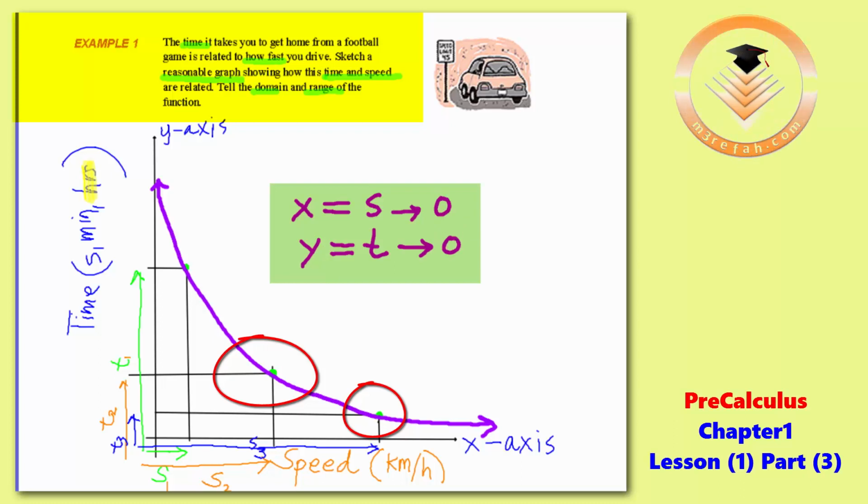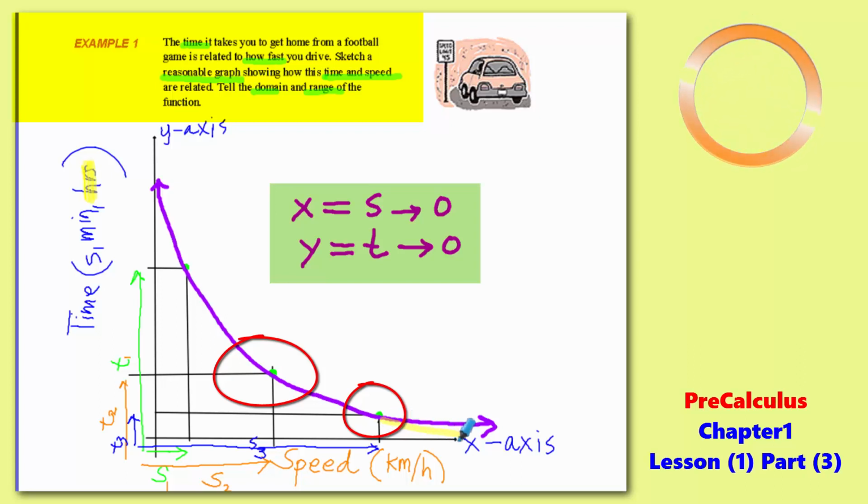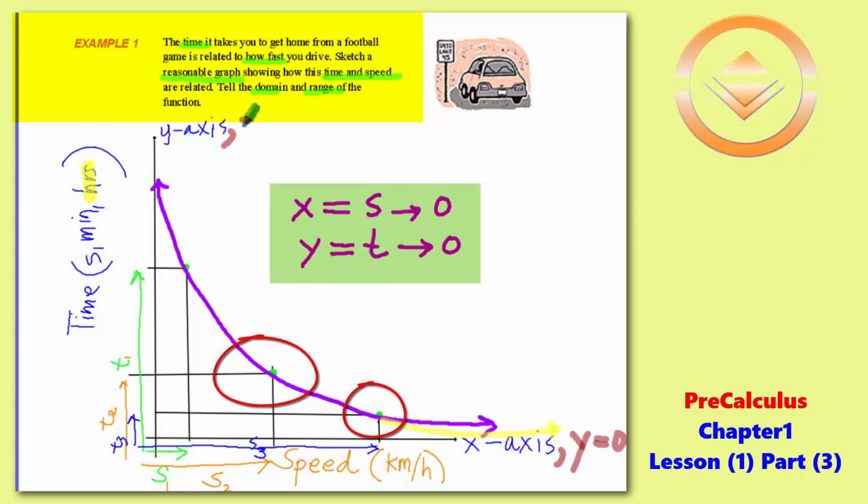How? As you can see, this arrow here tries to approach 0 or the x-axis, or in this case this is also equal to y is equal to 0, and in this case the y-axis, this is also equal to x is equal to 0.